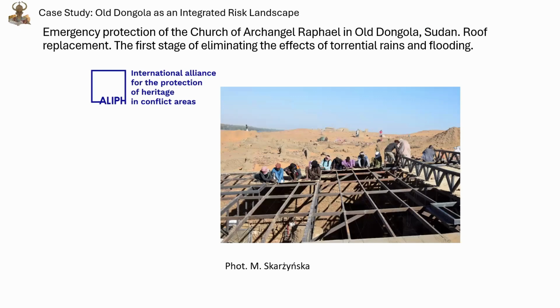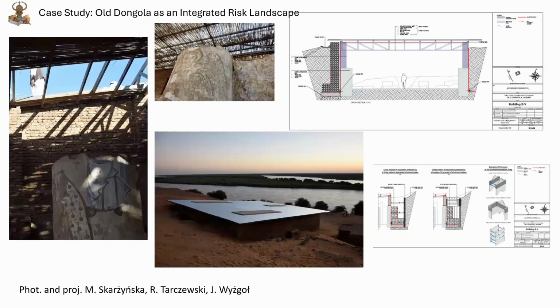So this church is joined with a really important project if we are talking about risk assessment and planning. It was the emergency protection of this church and roof replacement, because we decided to make a two-level roof to make a lower temperature and humidity inside.